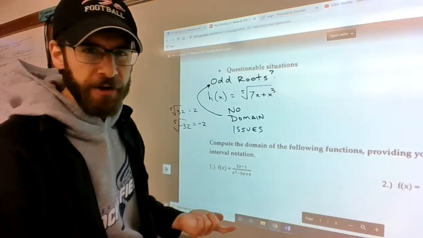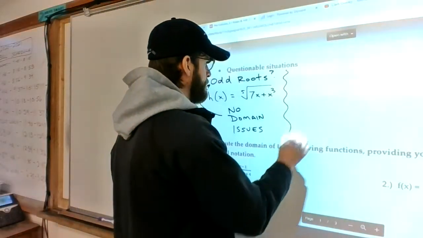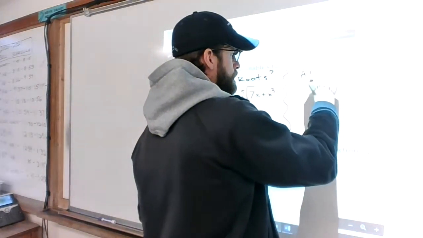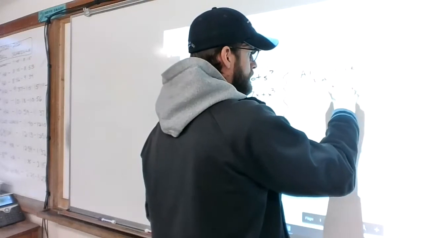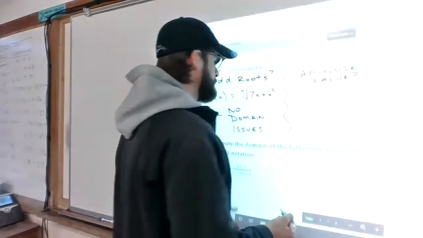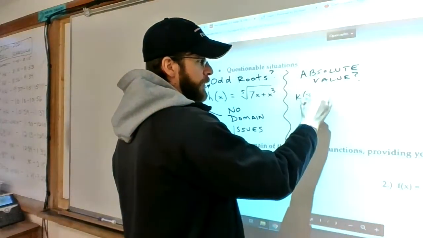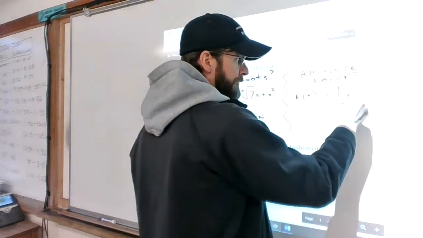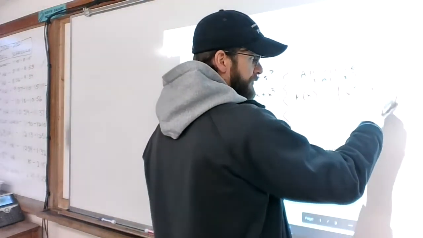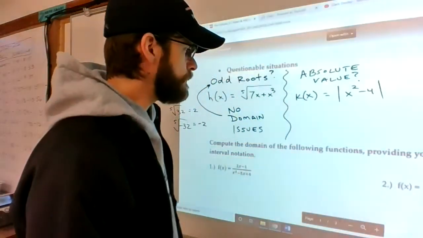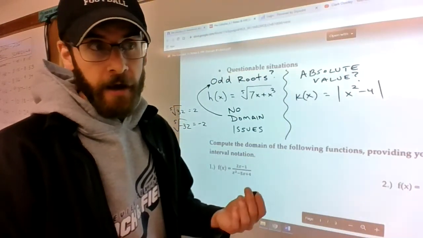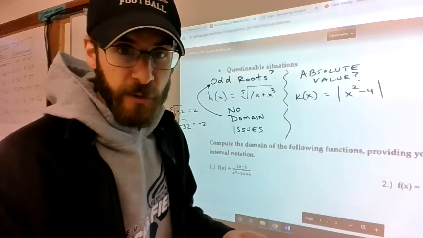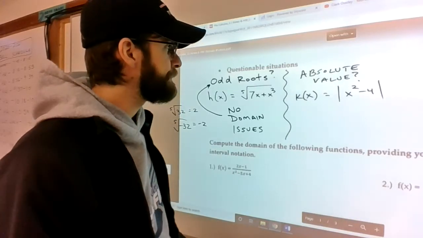What about absolute value functions? We saw a little bit of that last chapter. Something like k of x is equal to the absolute value of x squared minus 4. Sometimes students say, maybe we should set that equal to 0 and see what's up.